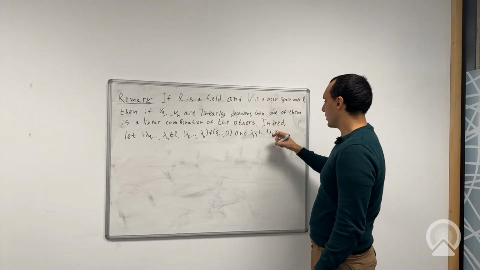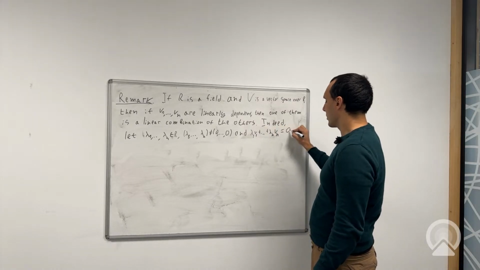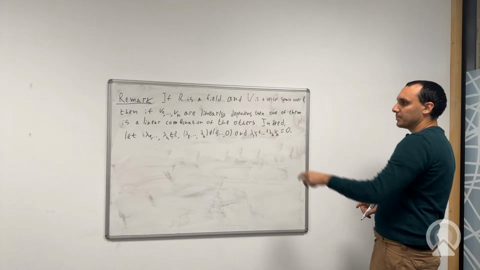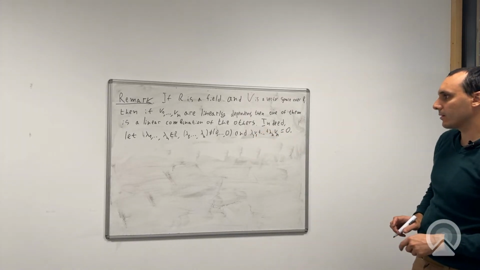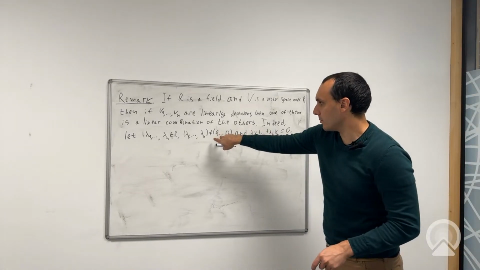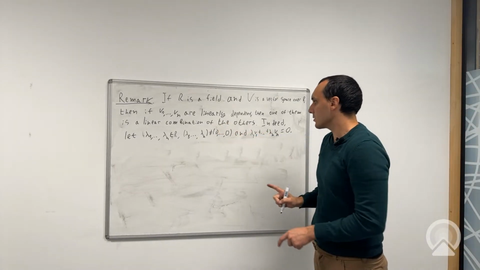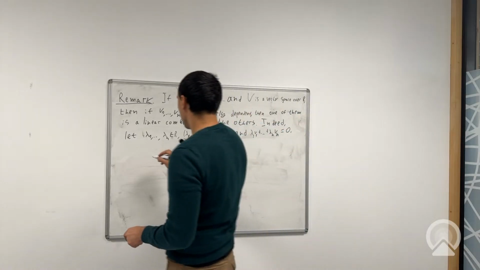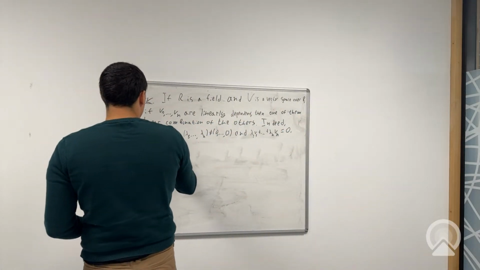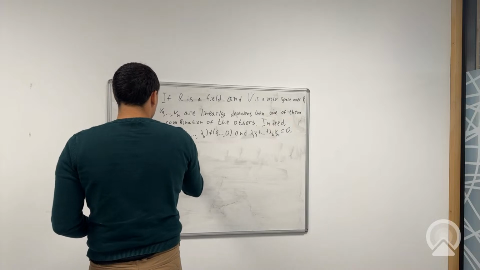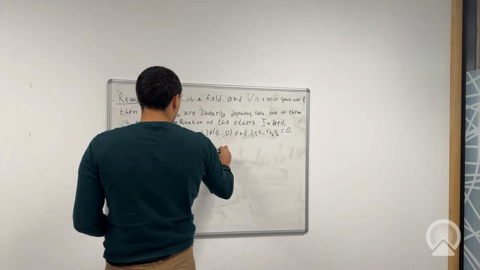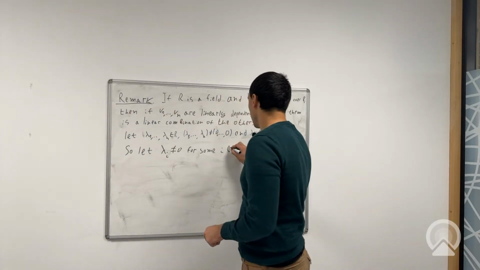So we have the 0 linear combination. Since this is not the 0 tuple, at least one of them is non-zero. So let lambda i be non-zero for some i in this interval.